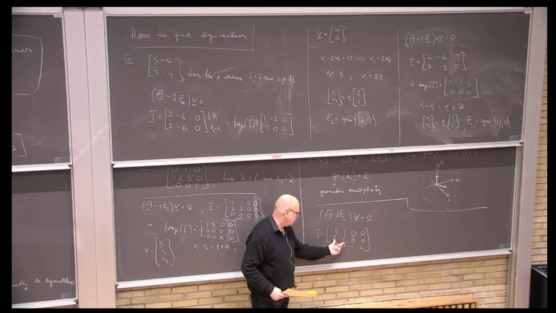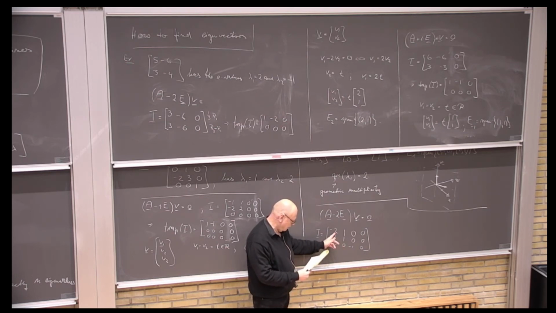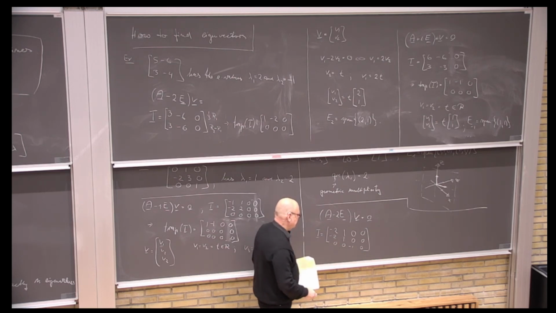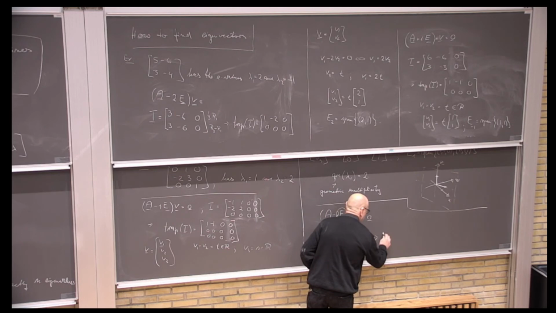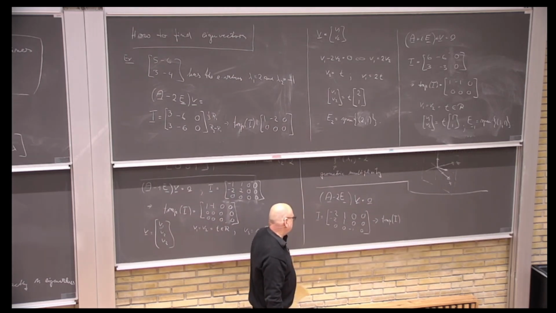I can subtract this from this to get all zeros here. I can multiply this by minus 1 to get a 1 here, and then I can interchange the two rows here, and then I can divide the upper row by minus 2 in order to get my totally reduced augmented matrix.